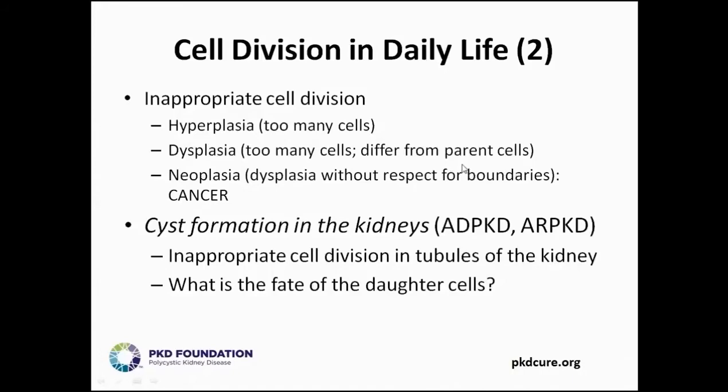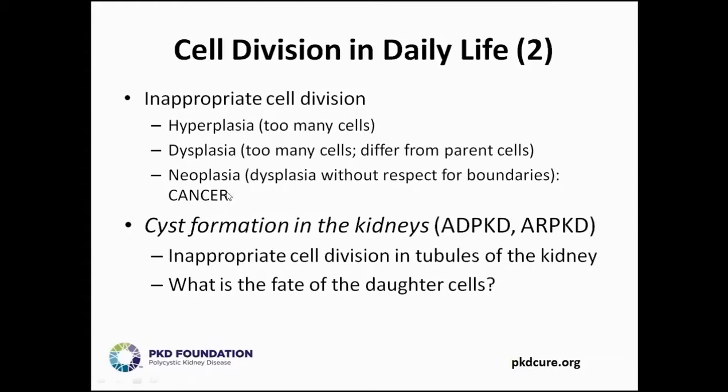In other words, and this will come into my explanation of how cysts form, because I realize I haven't spoken about that for quite a while, cells generally respect their boundaries. If they divide and come up against an adjacent cell, they're not going to divide again, because that adjacent cell is telling it, we don't need more cells in this particular location.